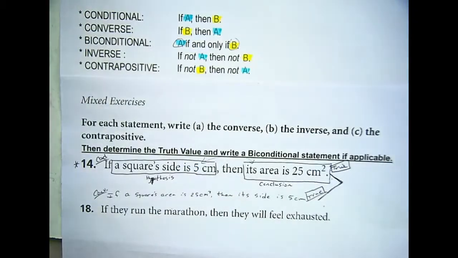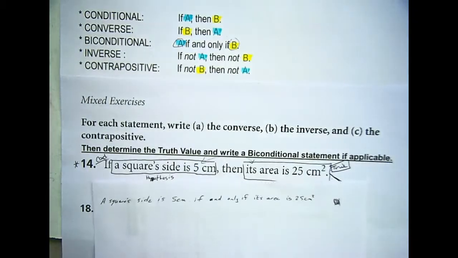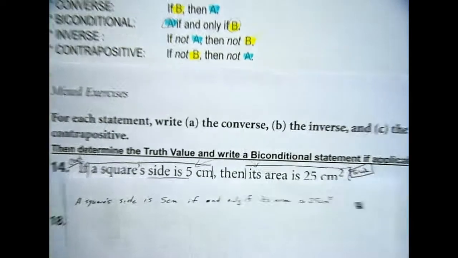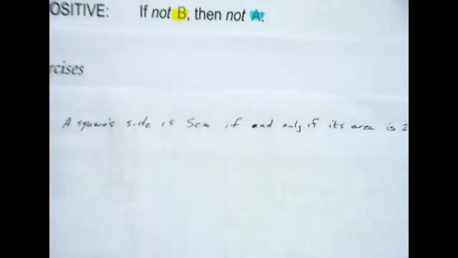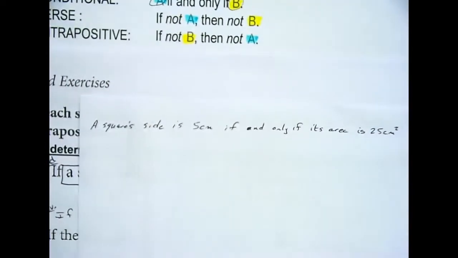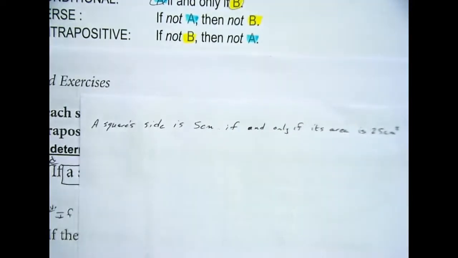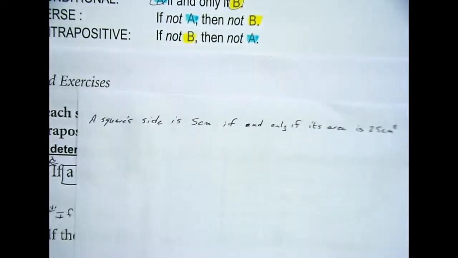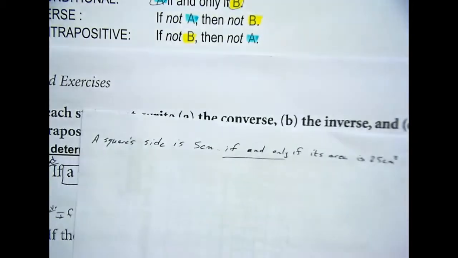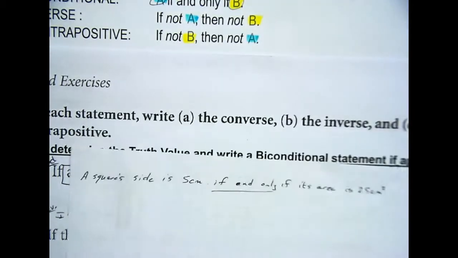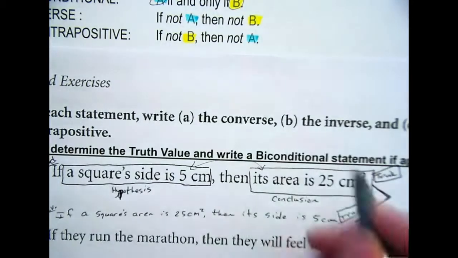Let's see, that's what I've got there. A square side is 5 centimeters if and only if its area is 25 square centimeters. Agree? Yeah. How many got it right there? Okay. All right.